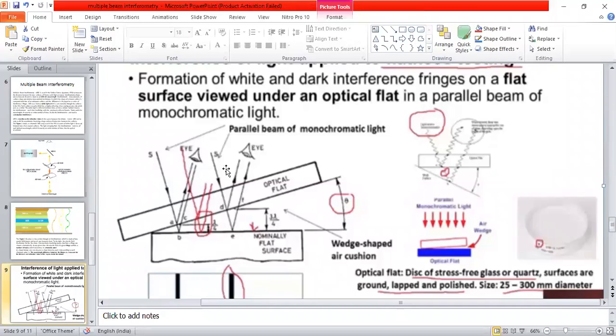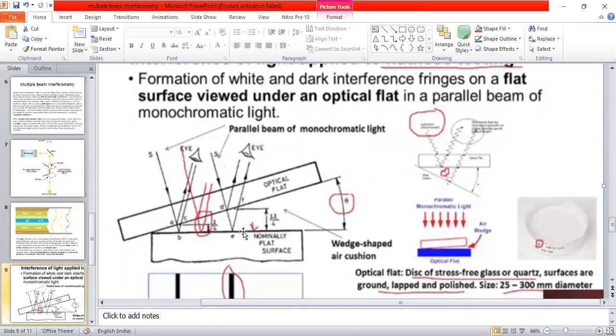And then one more ray you can check. It falls on the optical surface at D, where it is incident, and part of it is reflected and part of it is transmitted. Then it falls on the working surface and is reflected again from the working surface. So here also it is out of phase.